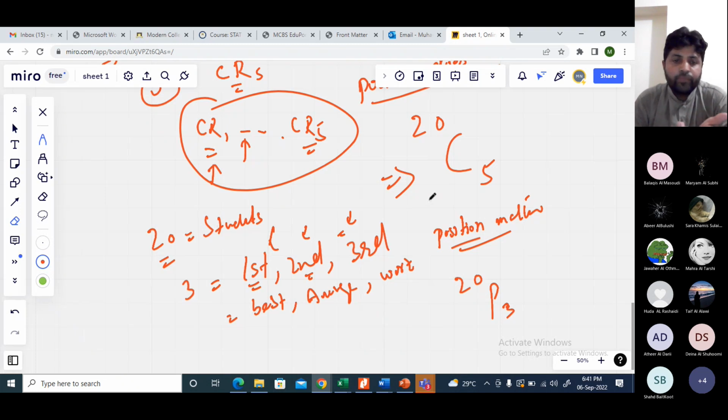If the ranking is not important, you can apply the combination formula. If the ranking is important, then you have to apply the permutation formula. Permutation, some people say permutations, combination.